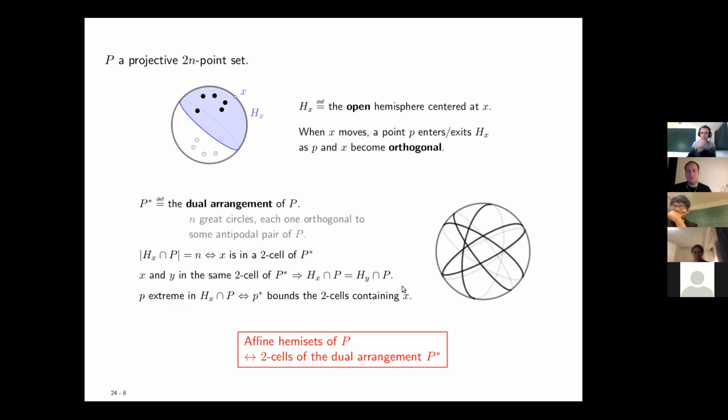And so the affine subsets that we can read off this projective set are really in bijection with the two-dimensional cells of the dual arrangement. So far, so good? Okay.